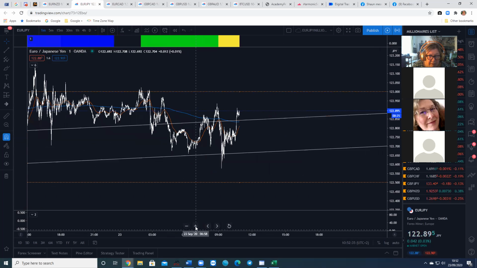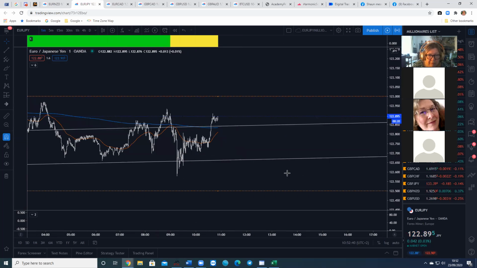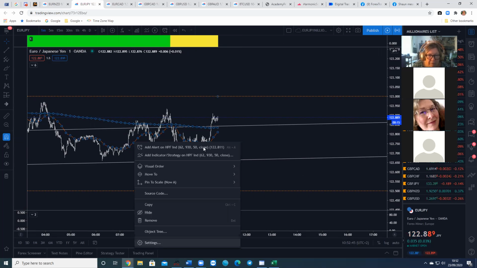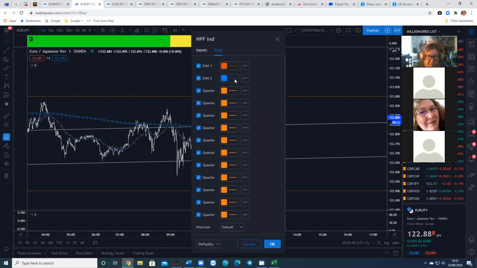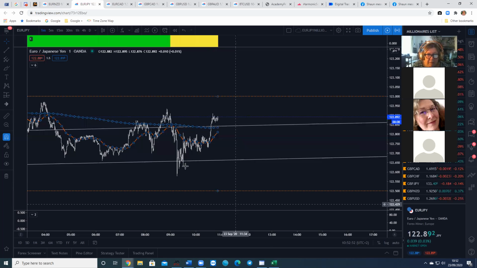So let's see how to mark this one up. So we've got the 62 crossing. Make that a bit thicker. 62 coming up strongly to cross it for a buy.